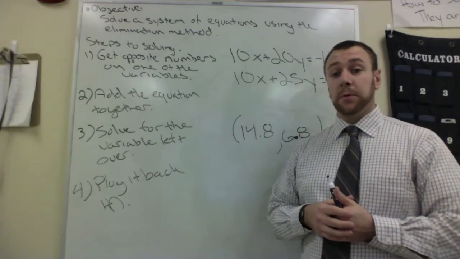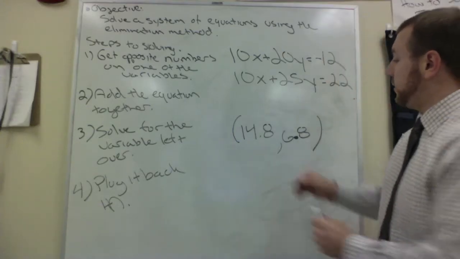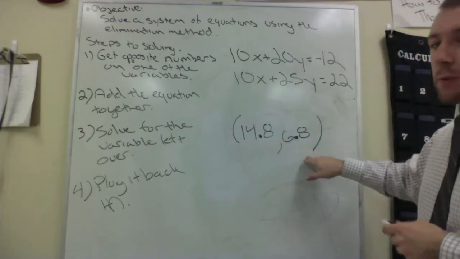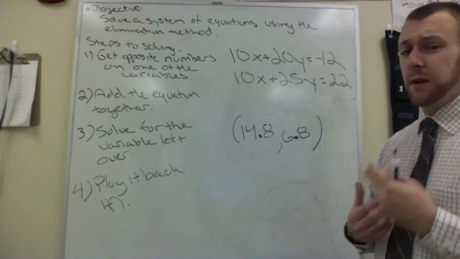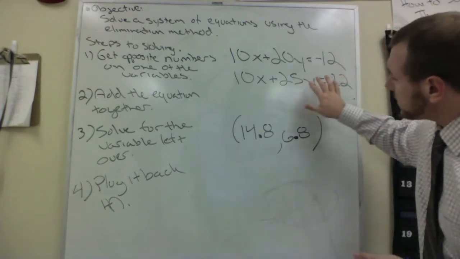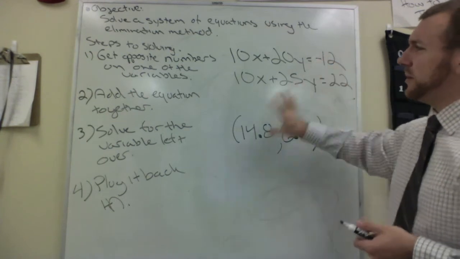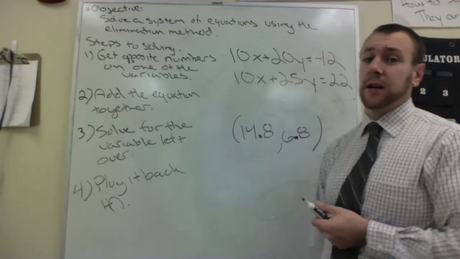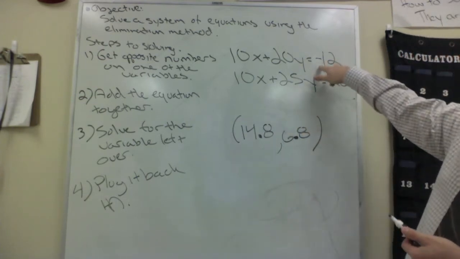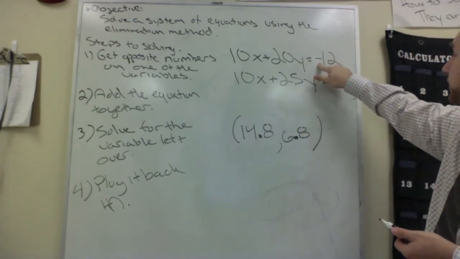So this is example 4, and I wanted to give you guys these answers. So it's 14.8 and 6.8. I apologize, there is some decimals, but we gotta get used to that sort of stuff. And I just want to give you some advice. It's exactly like example 3, except for, do you see how this is negative 12 already?